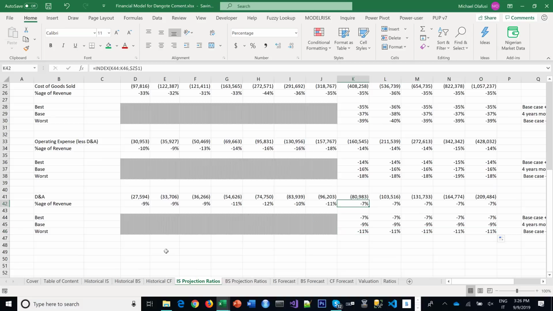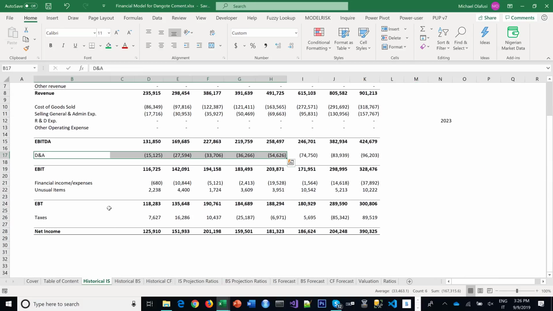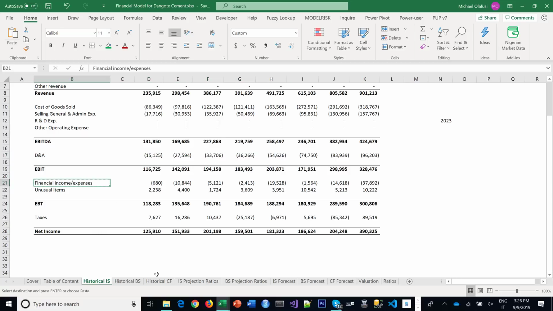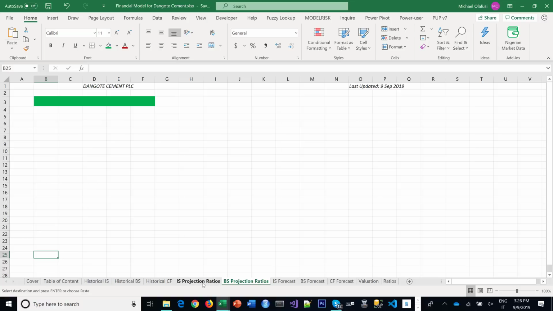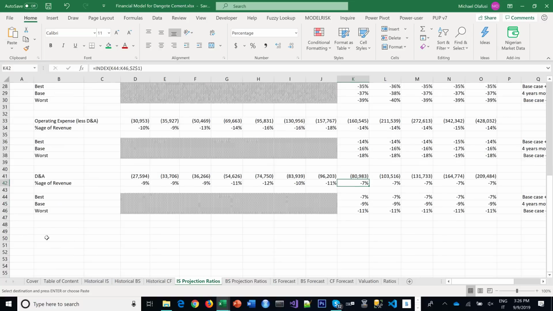Okay, so I go on to the next item there. Is the financial income slash expenses. So I can copy that.